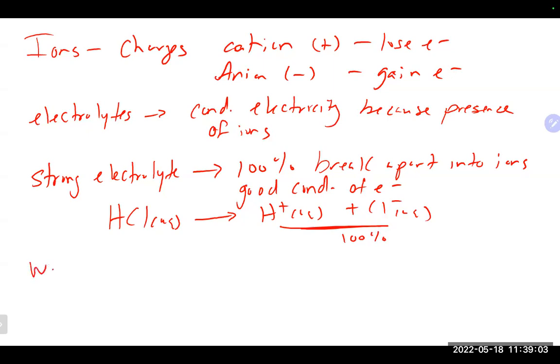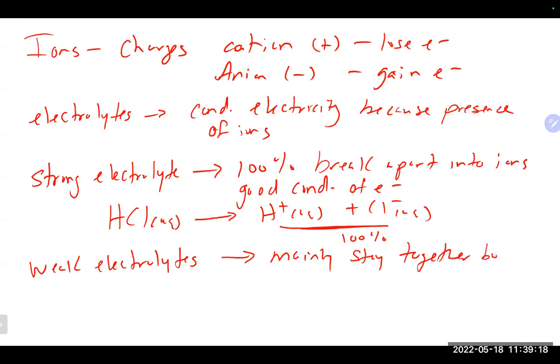There are also weak electrolytes that mainly stay together but will produce some ions. HF is an example of that, which is a weak acid.